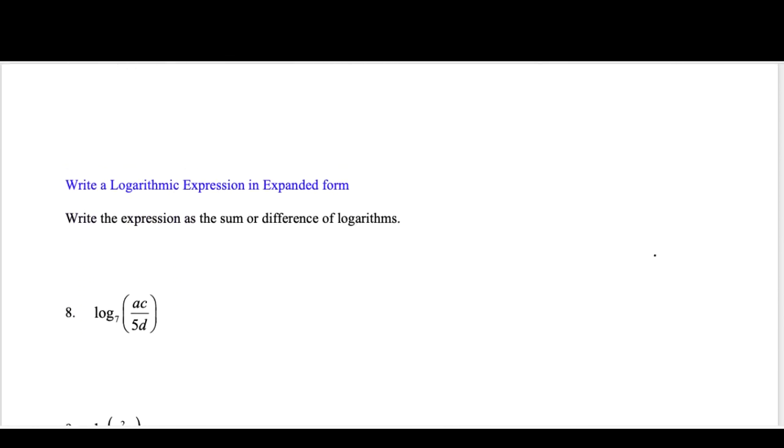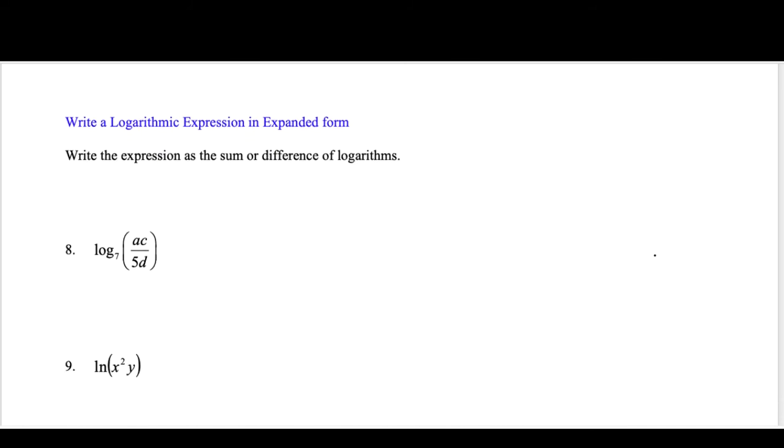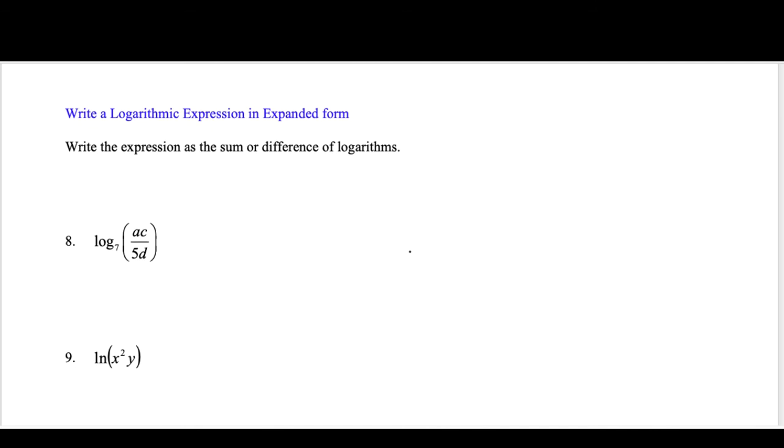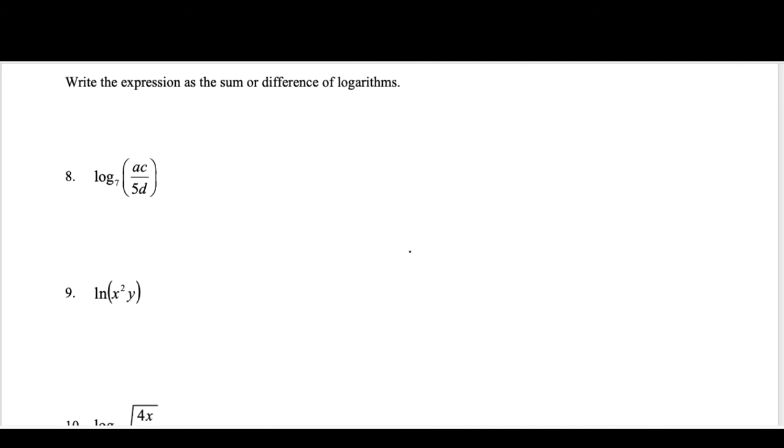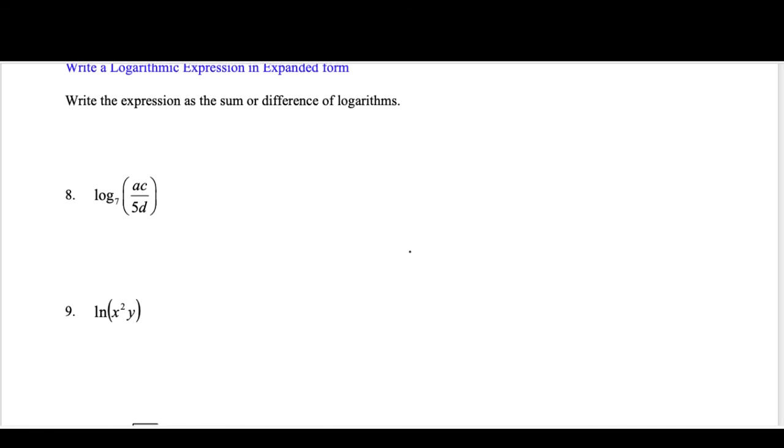And then you can also apply more than one property to a single expression. So let's say that I want to write an expression in expanded form as the sum or difference of logarithms. Let's do a few examples where we look at that.